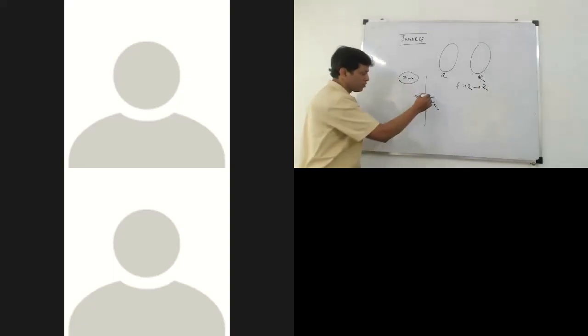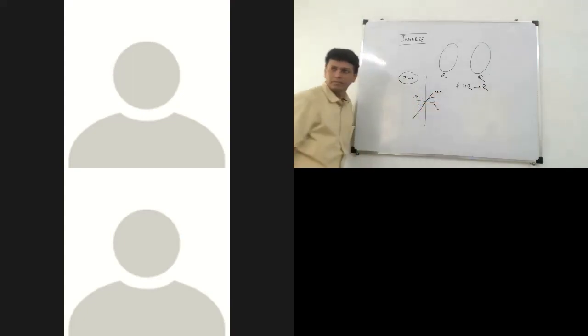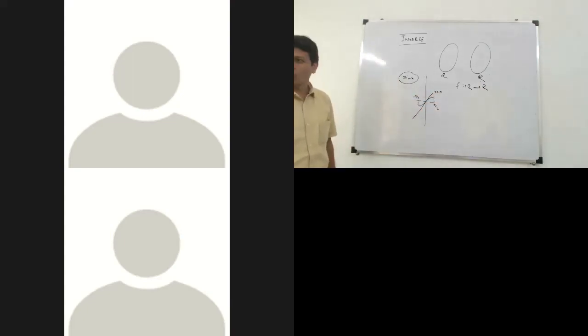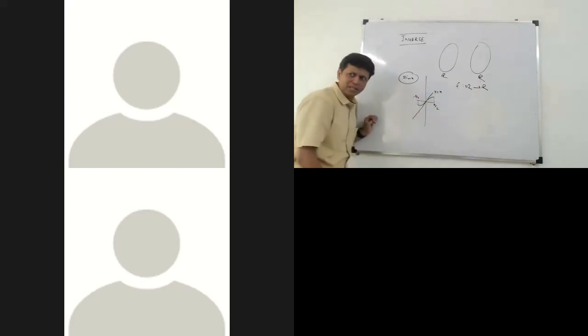How to draw the inverse? You just write y equal to x and take the reflection on y equal to x. Can't we find it by differentiating?